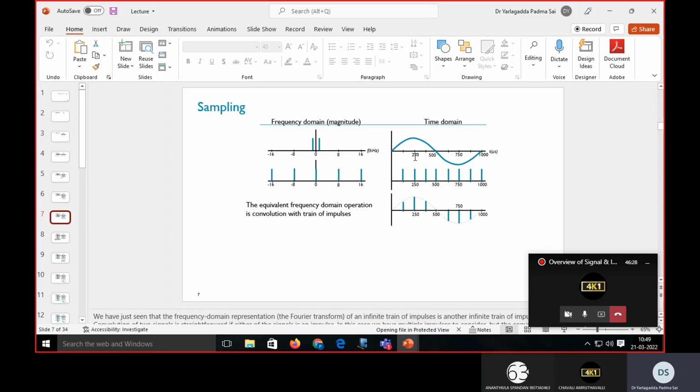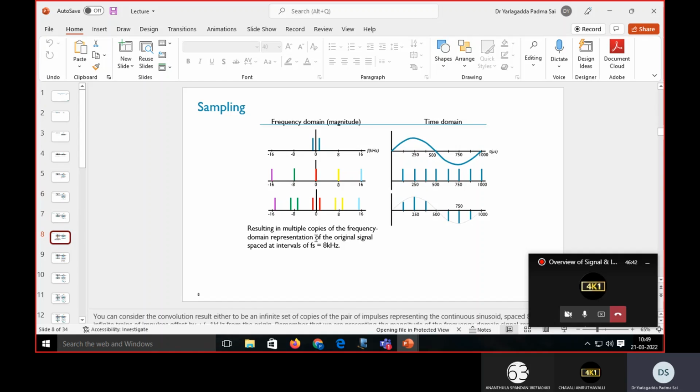The Fourier transform of a sinusoid signal is an impulse, two impulses existing based on its frequency. Similarly, the Fourier transform of a train of impulses is once again an impulse. I am not going through all these things. In the time domain you are simply multiplying these signals, but in the frequency domain you have to convolve this signal and this signal.